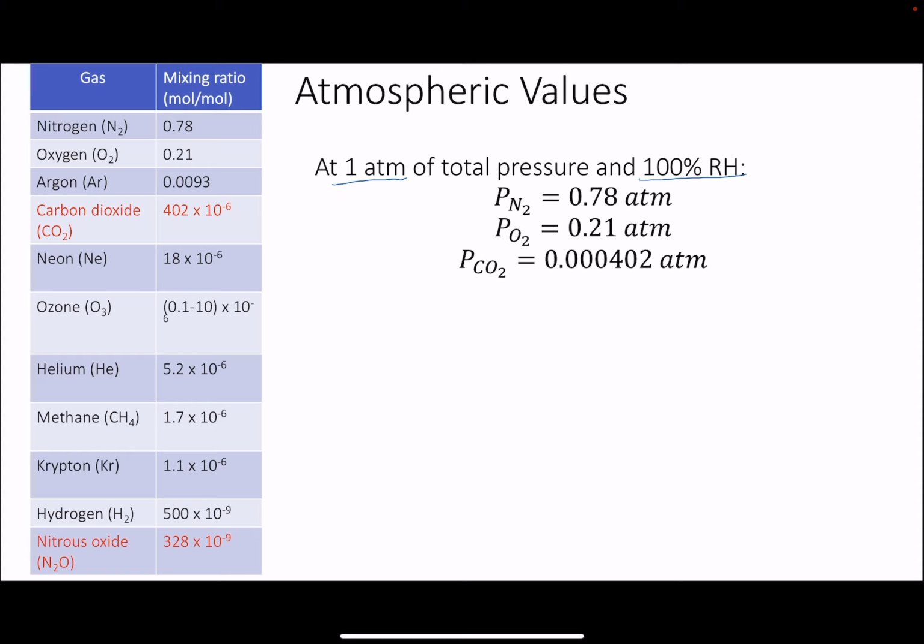The partial pressure of oxygen is 0.21 atmospheres, which is equal to 0.21 mole per mole. And the partial pressure of CO2 is 0.000402 atmospheres, which is equal to 402 times 10 to the minus 6th mole per mole.